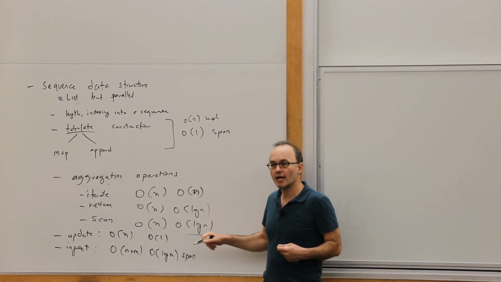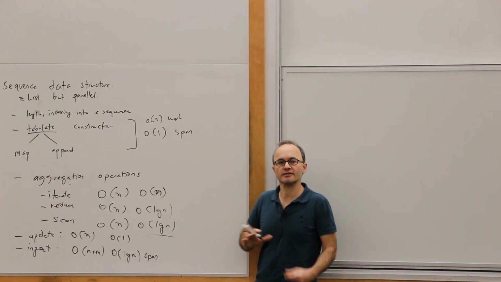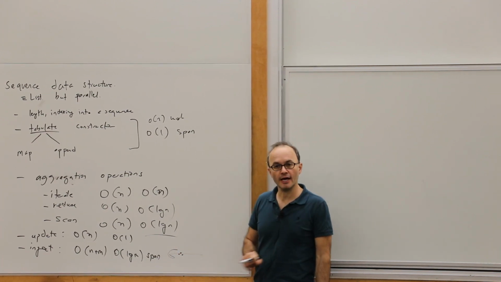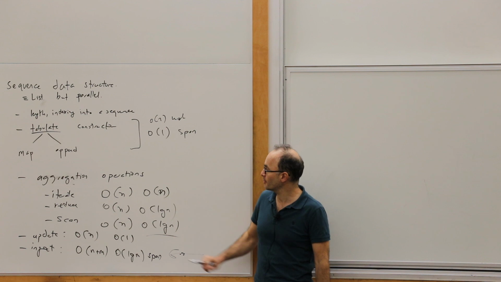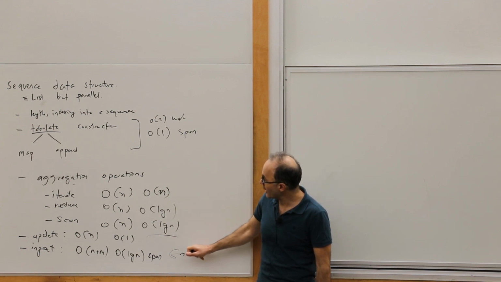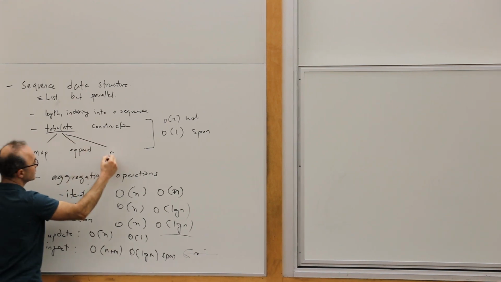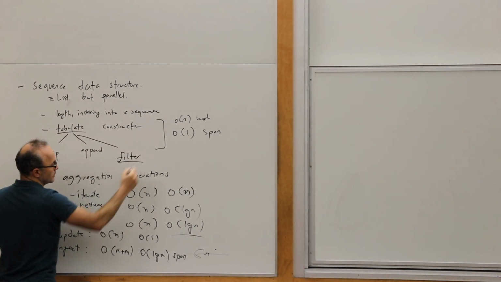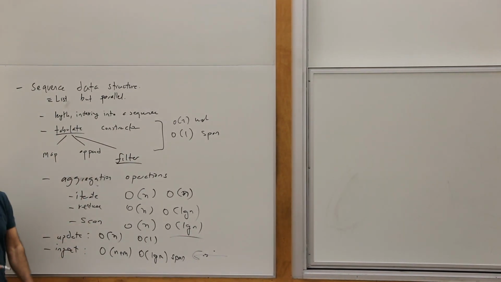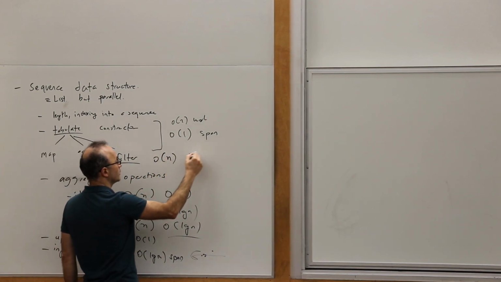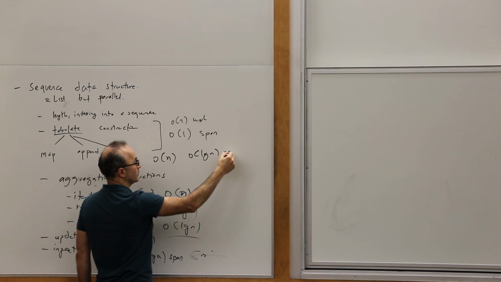So if you're performing updates one by one, chances are that your parallel algorithm is not a good one anyway. So this comes in handy, and it comes up in many cases. In fact, we implemented filter by using tabulate and inject, in order n work and order log n span.